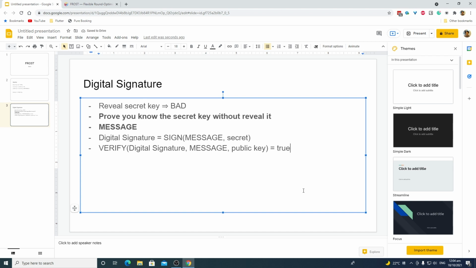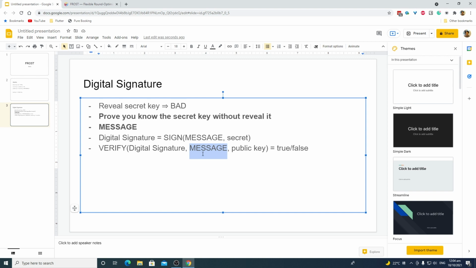And so this function verify should have an outcome of either true when everything is okay, or false if there's a forgery, if something is not okay. And the thing that can be not okay could be any of these three terms.